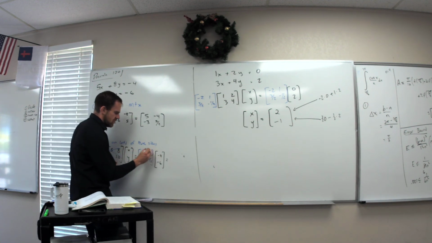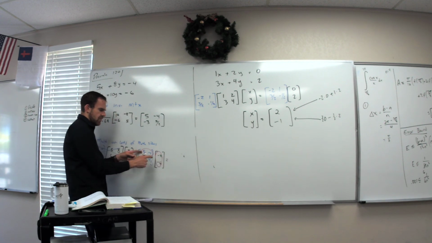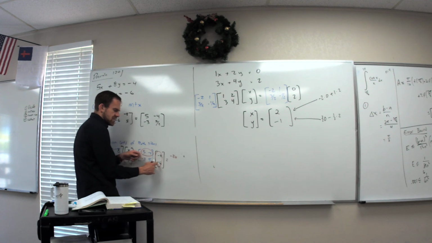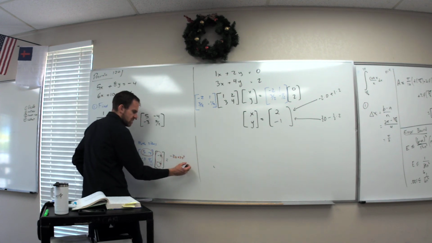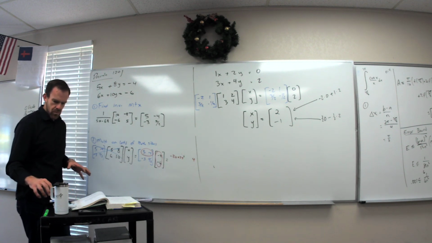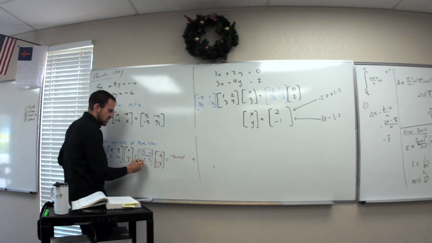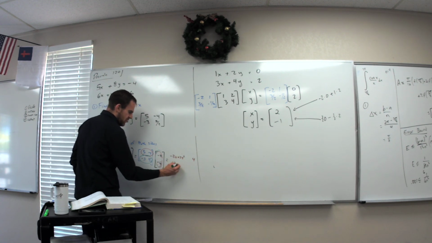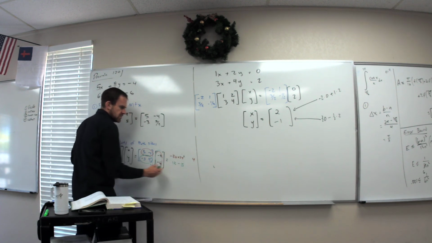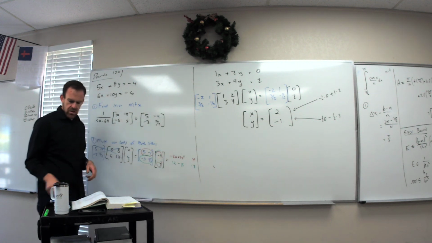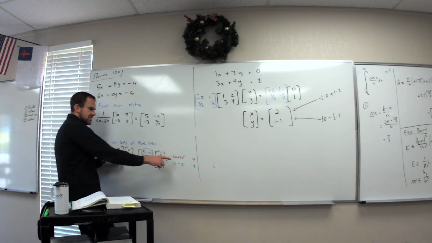So this row times this column. 5 times negative 4, which is negative 20. Negative 4 times negative 6, which is 24. So that equals 2. If I do this row times this column, so negative 3 times negative 4 is 12. 5 halves times negative 6 is minus 15. So that is negative 3. So what that's saying is x is 4.